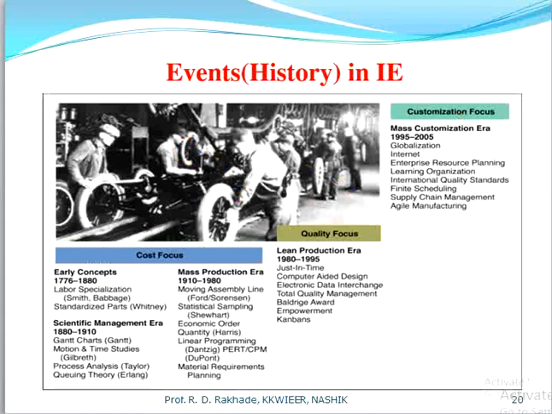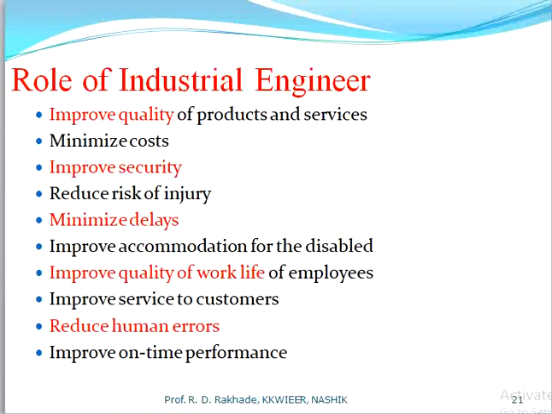Then we discussed history, with three parts: cost focus, quality focus, and customization focus. And the main topic is the role of the industrial engineer: to improve quality, minimize cost of product, improve security, reduce risk, minimize delay, improve accommodation, improve quality of work life, reduce human error, and so on.